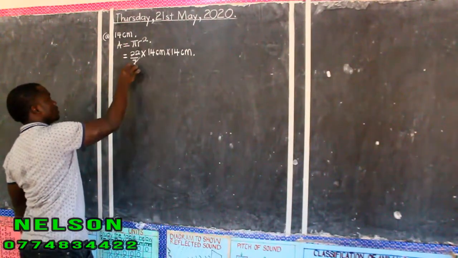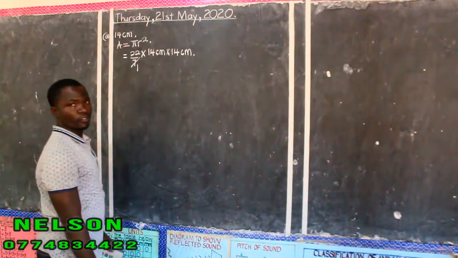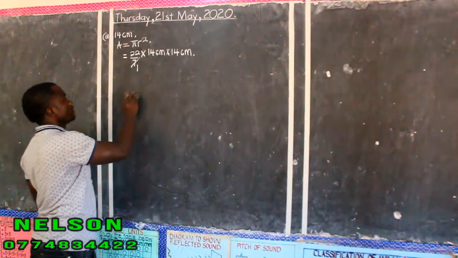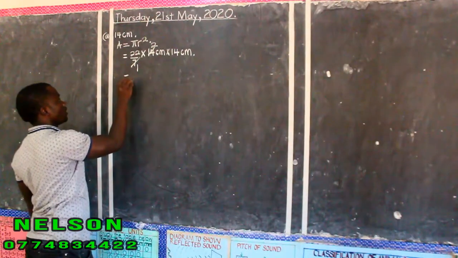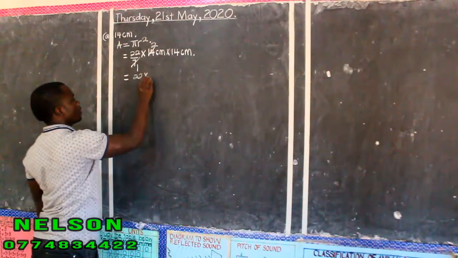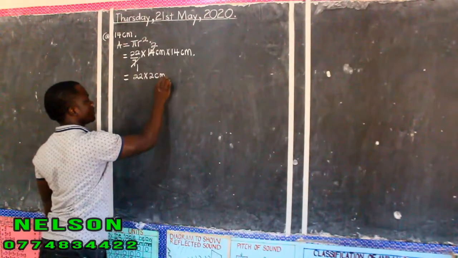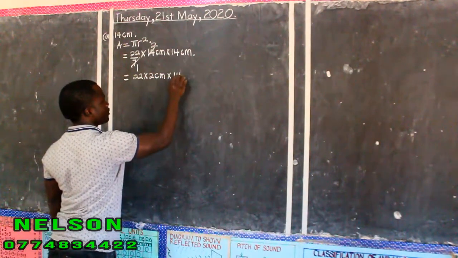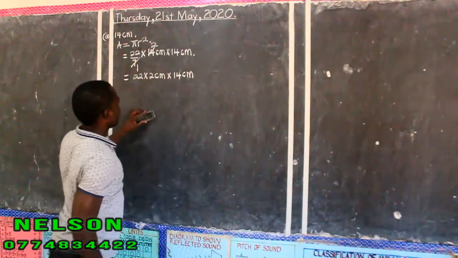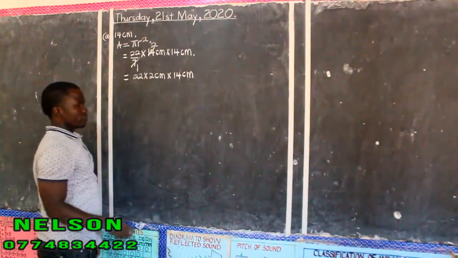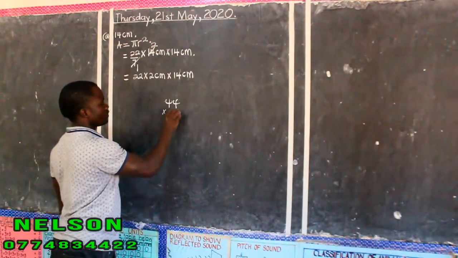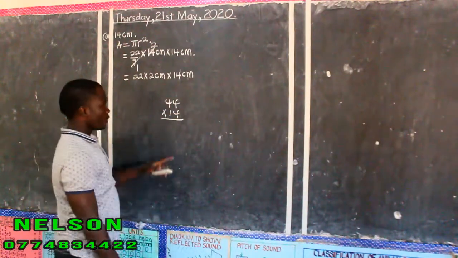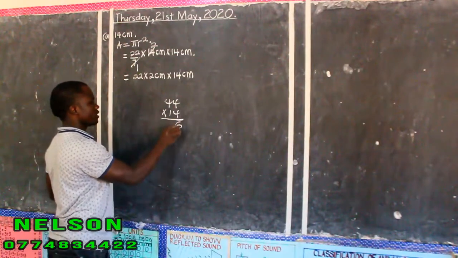If we simplify here, by 7 once, by 7 twice. So here we shall have 22 times 2 centimeters times 14 centimeters. 22 times 2, we shall have 44 times 14. What do you get? 4 times 4, 16.